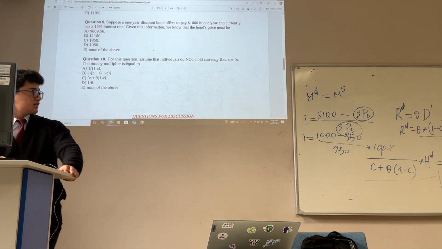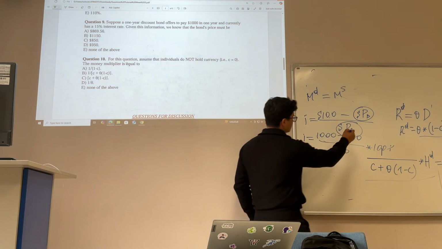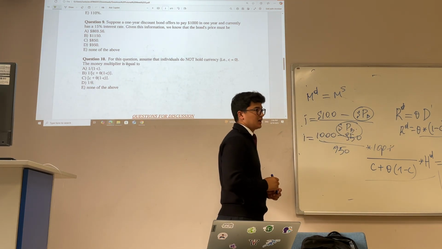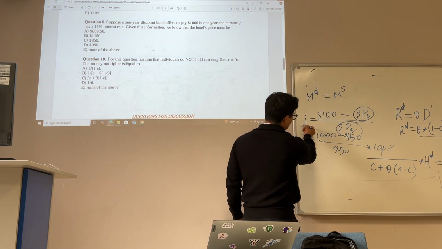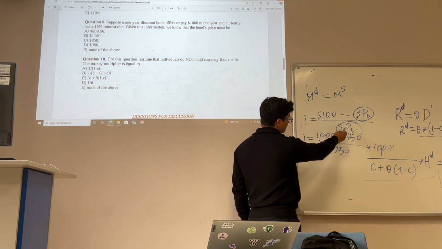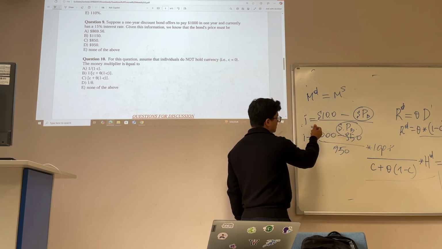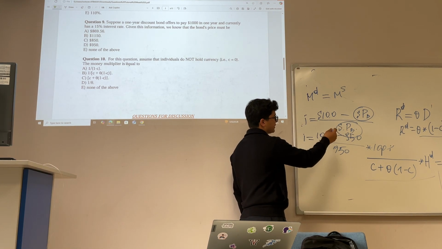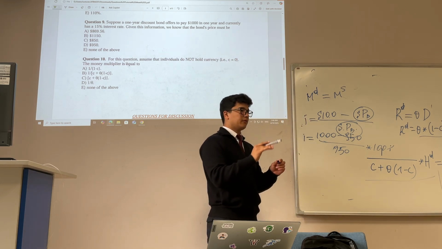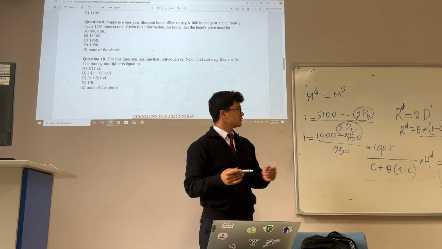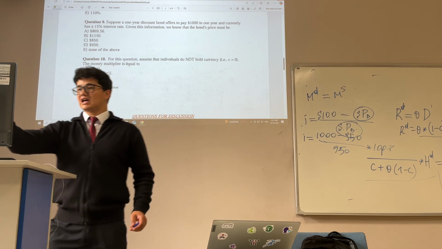Now we don't have it like this. We have the interest rate and this. It's also again basic math. Here is 0.15 multiplied by P, let's say. So 0.15P equals 1,000 minus P. So 1.15P equals how much? 1,000.